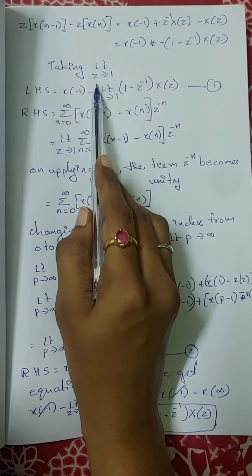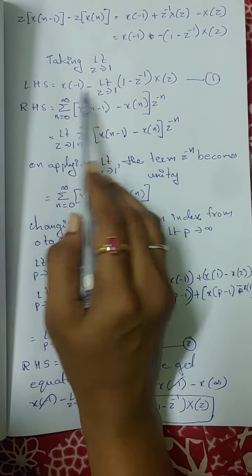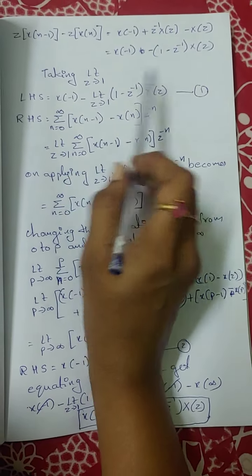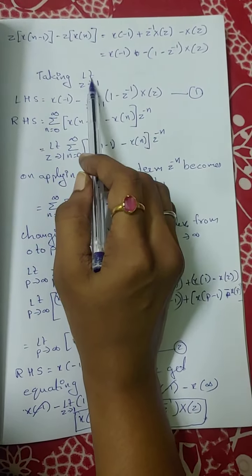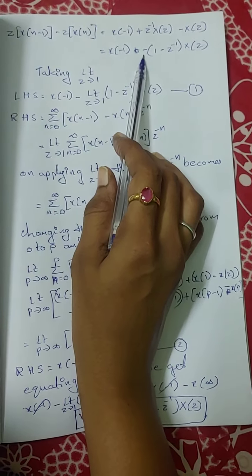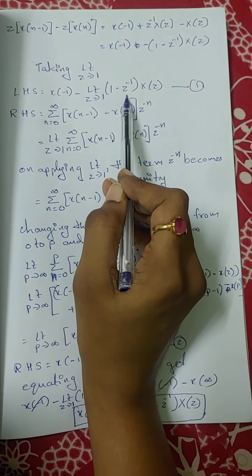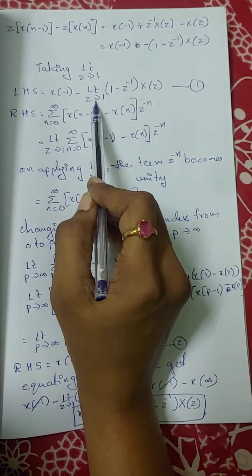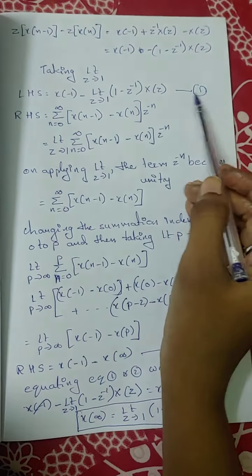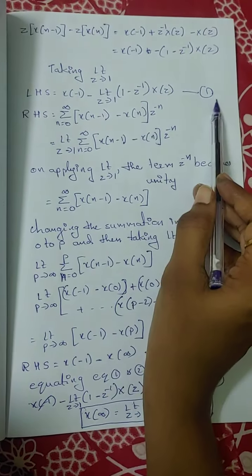Now taking the limit z tends to 1, in the LHS we get x of minus 1 minus limit z tends to 1 of (1 minus z inverse) X of z. Keep it as equation 1.